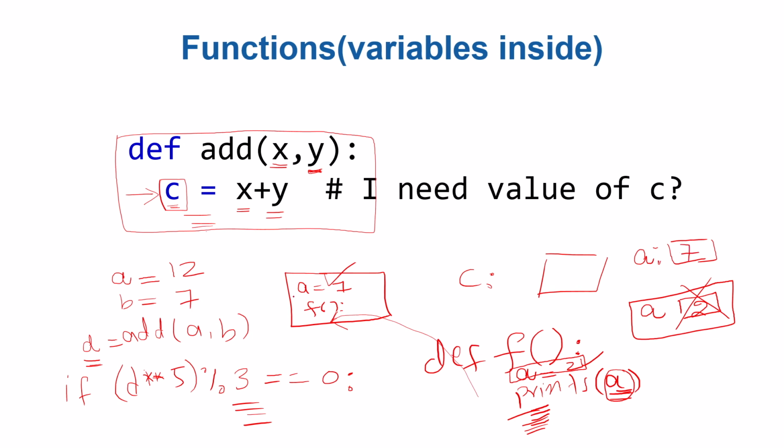And by the way, if a was not defined here and you still called f, then either you will get an error, or this a might be a global variable or available in some package that you have already loaded. In that case, this a will be accessed if it's a global variable or accessible. So it is good to know the scope of the variables inside the function.